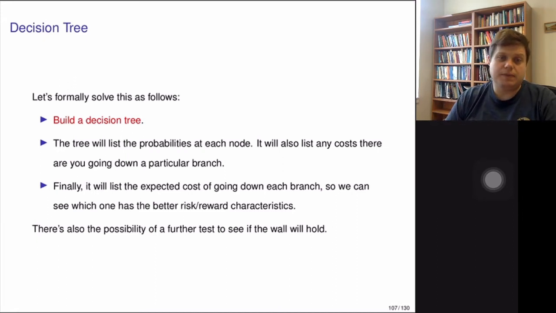And then the goal will be to calculate an expected cost associated with each of those branches, and then we want to choose the branch with the lowest expected cost. So we want to minimize not just the total cost, but expected cost. Expected means cost weighted by the probabilities.